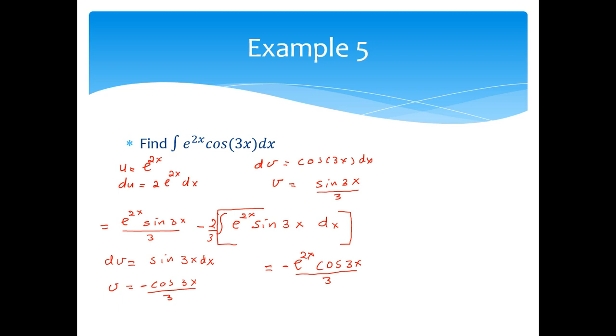Minus from that cosine times the minus that comes there, that would be a positive integral of cosine 3x over 3 times, here I have 2, of e to the 2x dx.